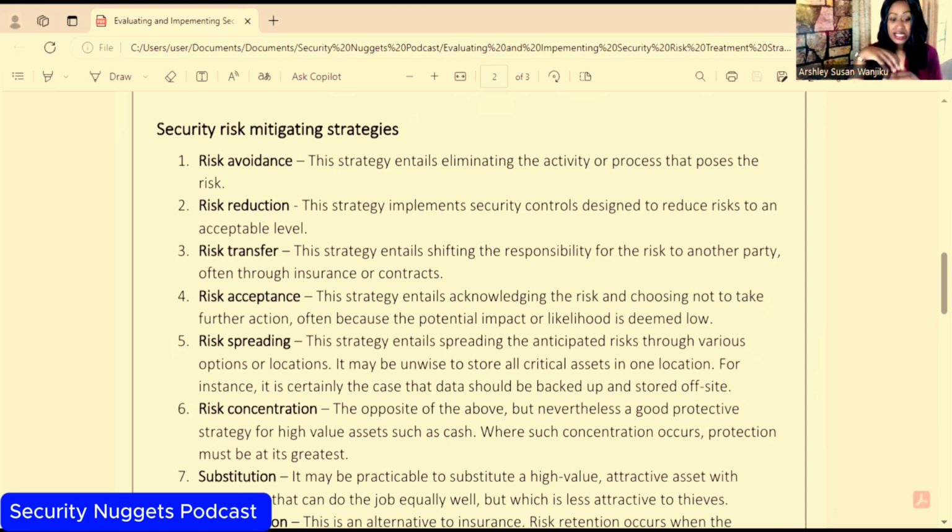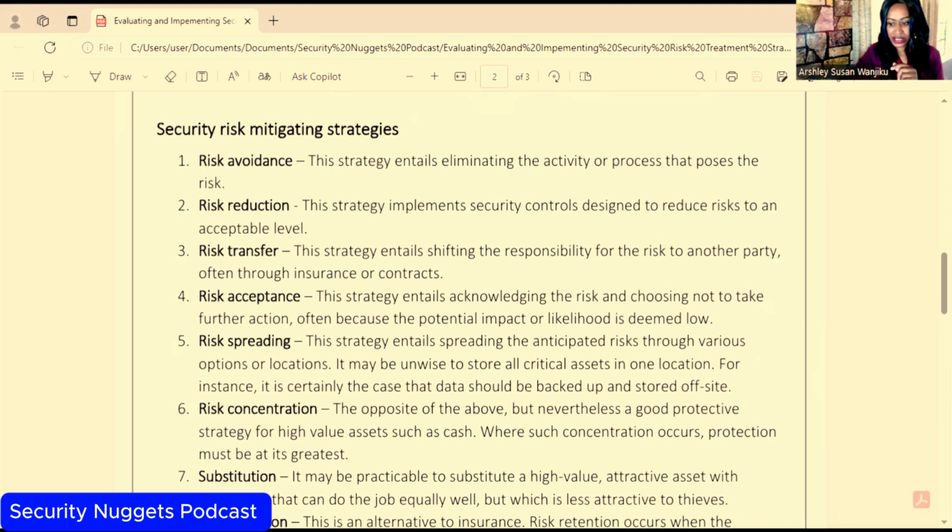So banks use this approach, and it is the risk concentration mitigation strategy, okay, which is the opposite of risk spreading. So depending on the critical asset that you're trying to protect, you can use this sort of strategy, okay?